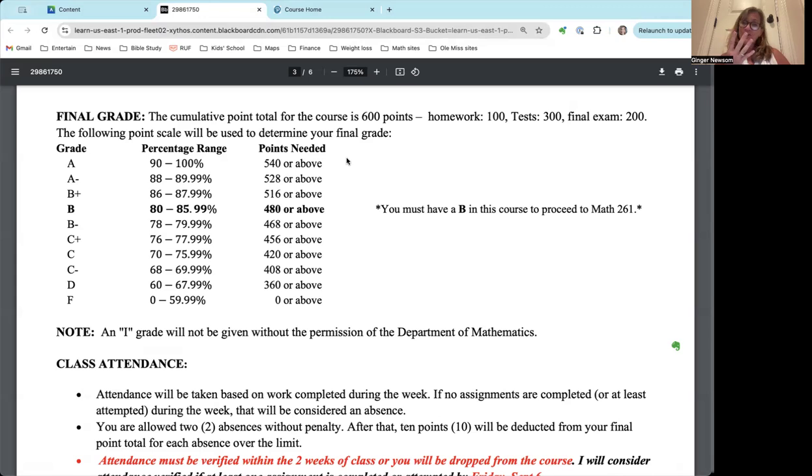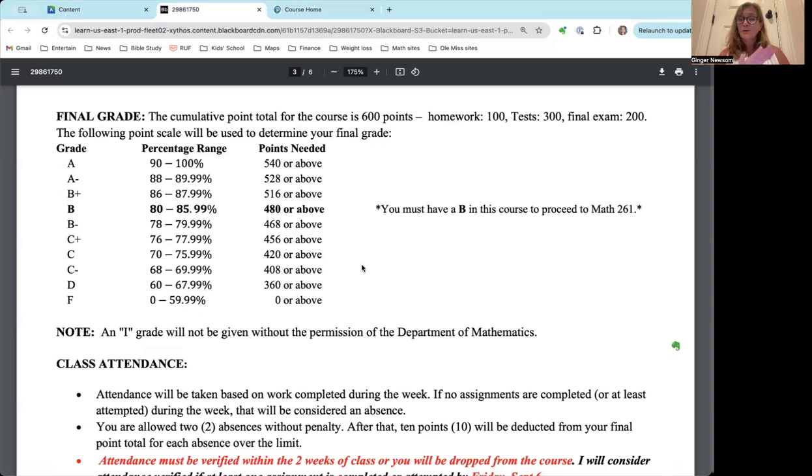And then we have a final that counts 200 points. So that gives us 600 points total. So if you made hundreds on everything you turned in, you'd end up with 600 points, which is like a 100 average. So I have the points listed here. Out of 600 points, you need 540 in order to get your A, okay, or 480 to get your B. Okay, so you can always refer to this.